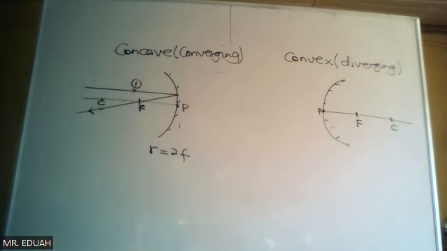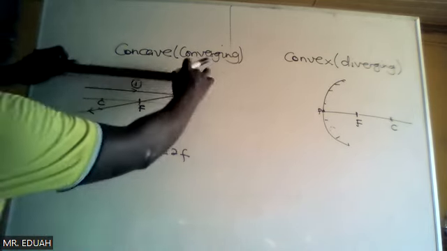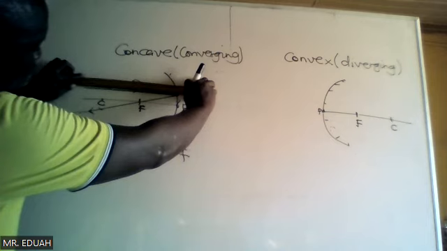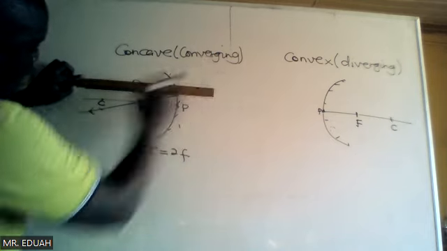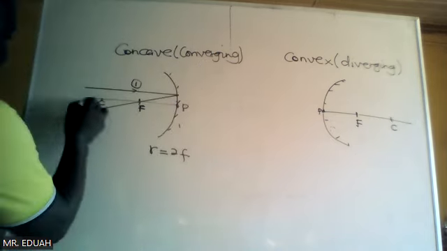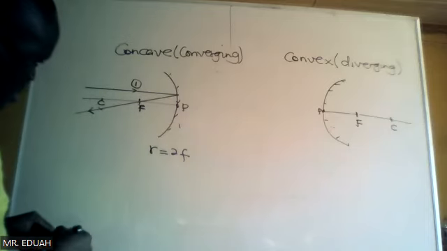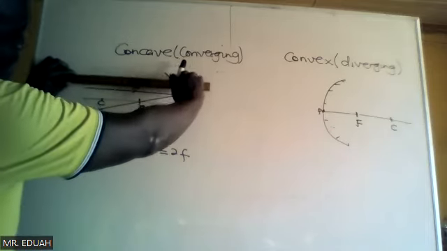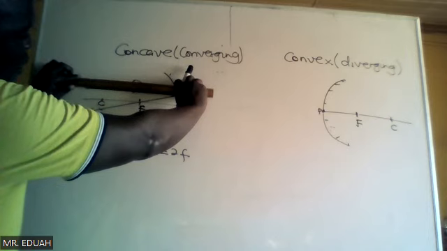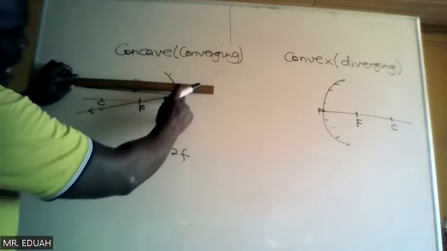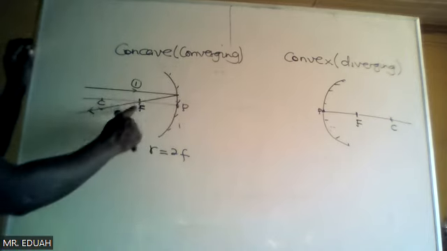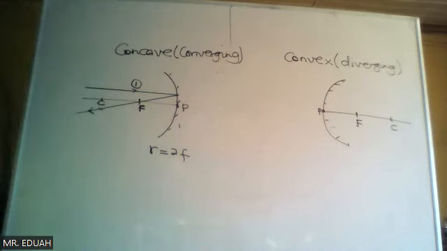So in applying the rule, you must draw a ray which is parallel to the principal axis. This is the principal axis, this line. Once the ray is parallel and close to the principal axis, after reflection, the reflected ray would have to pass through the focal point.